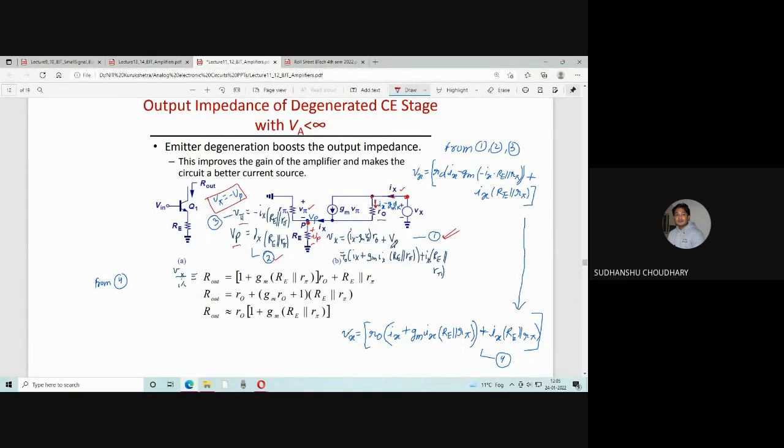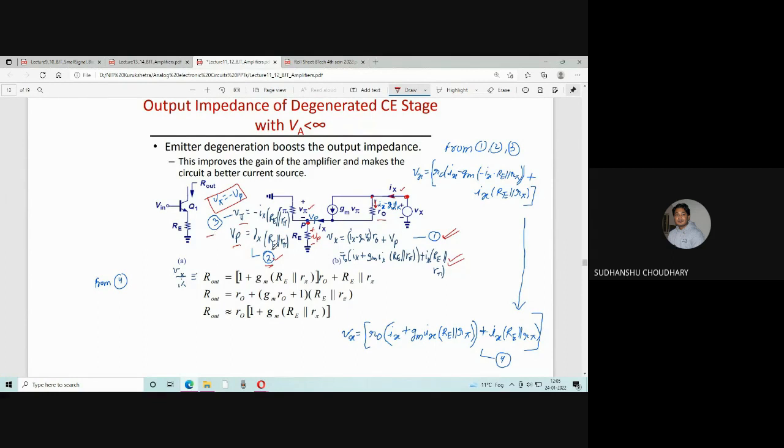Once you put this in equation 1, we get Vx as this much. Now we have equation 1 here, then 2 and 3.